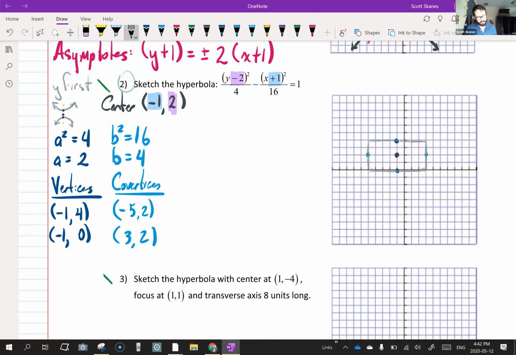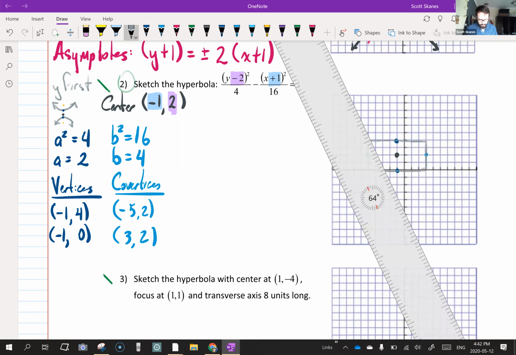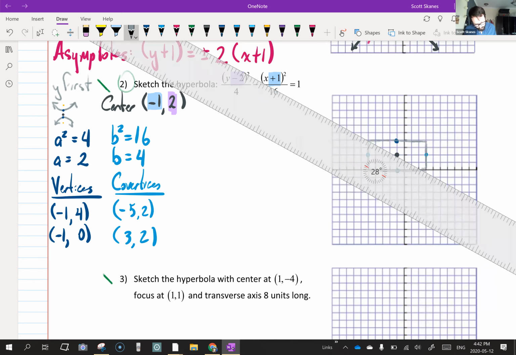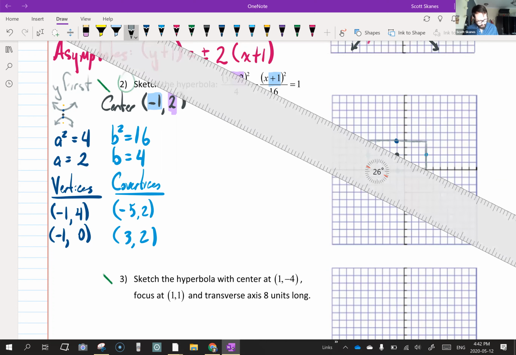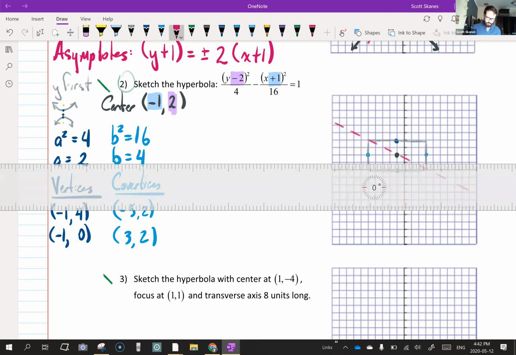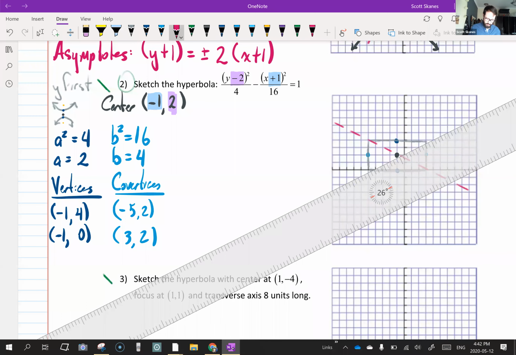It's really good times. Okay, and now I'm going to connect the corners. 26-degree box. Asymptotes. And let's go, should be 26 degrees the other way. Yeah, how fancy.